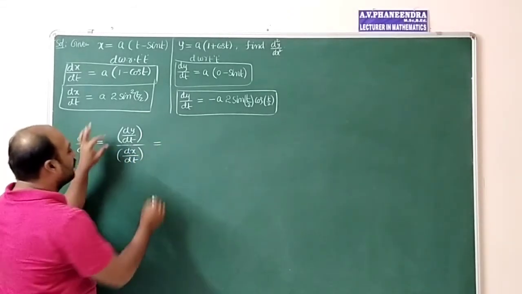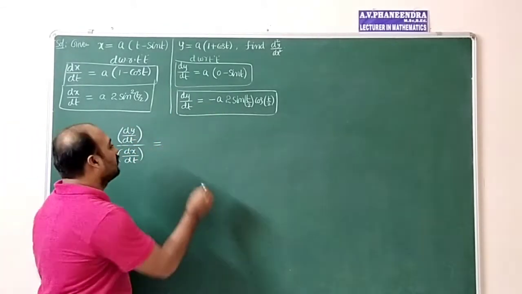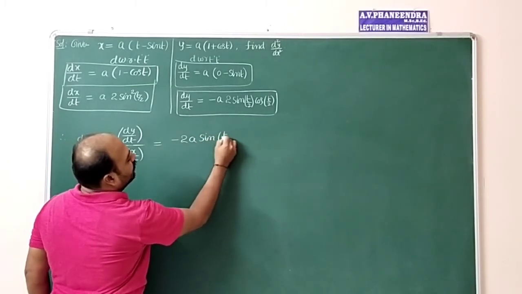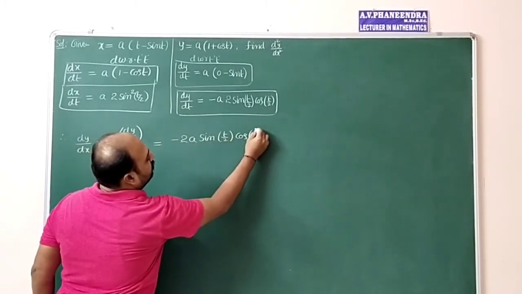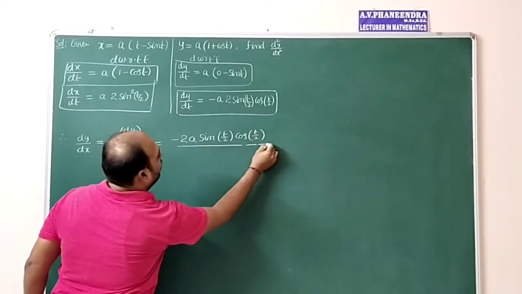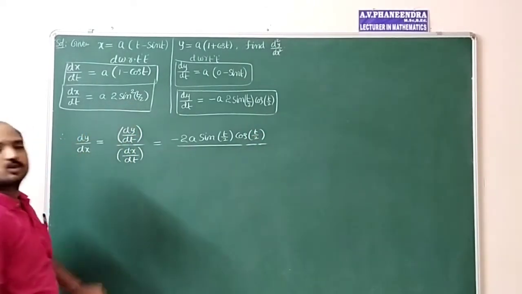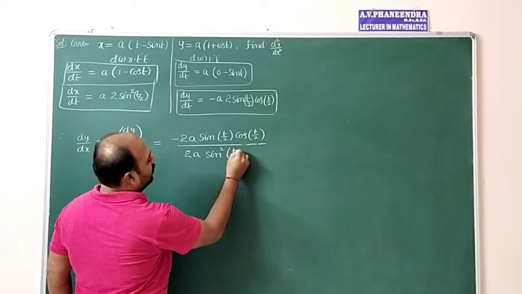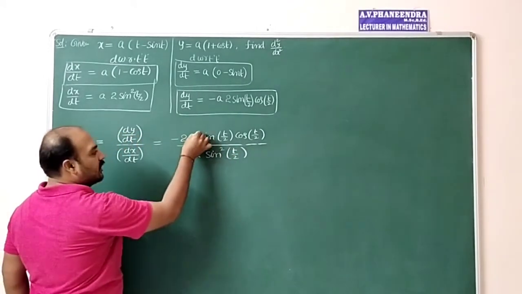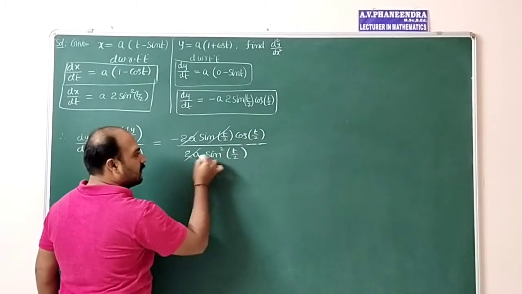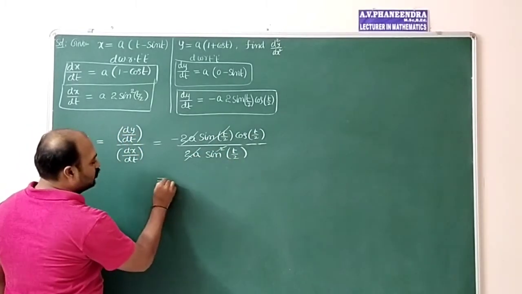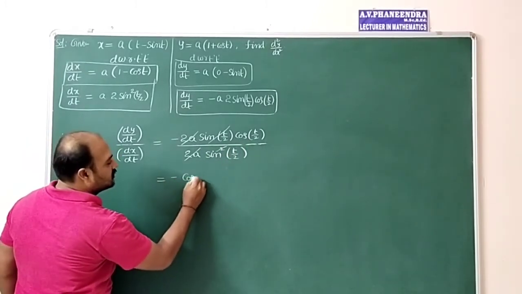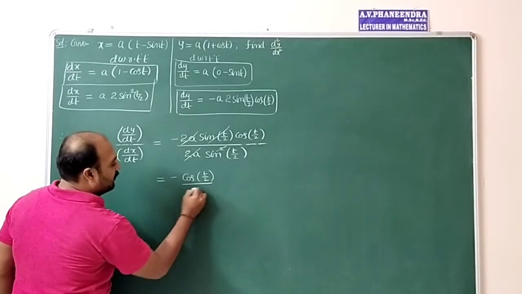We already have dy by dt, so minus 2a into sin t by 2 into cos t by 2, divided by dx by dt, which is 2a sin square t by 2. So 2a gets cancelled, one of the sin t by 2 also gets cancelled, which gives minus cos t by 2 divided by sin t by 2.